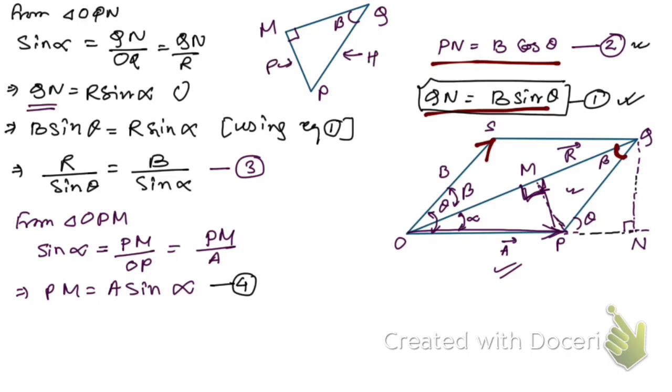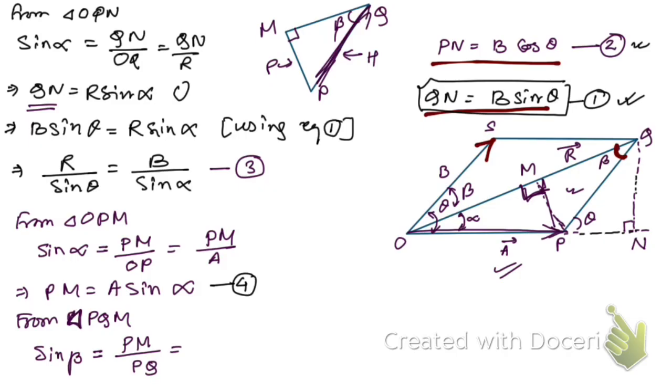So sin beta from triangle PQM is equal to the perpendicular PM by the hypotenuse PQ.